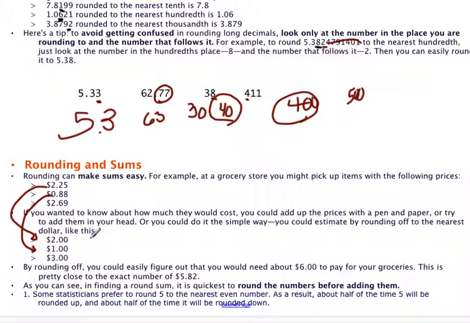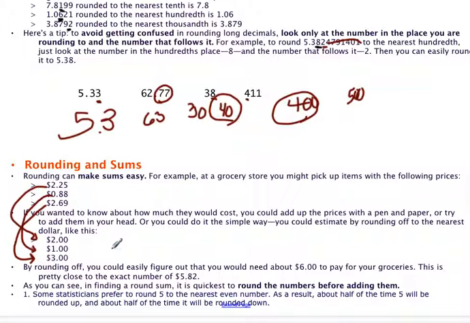Because again, using the rule 5 or higher, 50 cents is halfway, 88 cents is higher than 5, and it certainly would go close to $1. And then $2.69. Again, using 5 as our midpoint, 69 is higher than 50 cents, so that would turn into $3. So now we can easily add $2 plus $1 plus $3, which would make about $6.